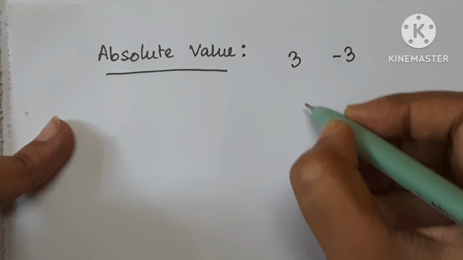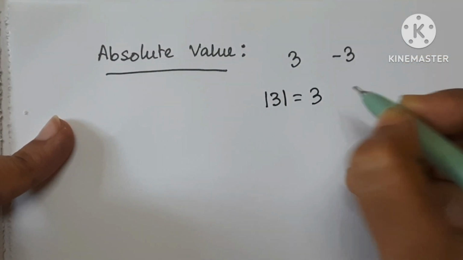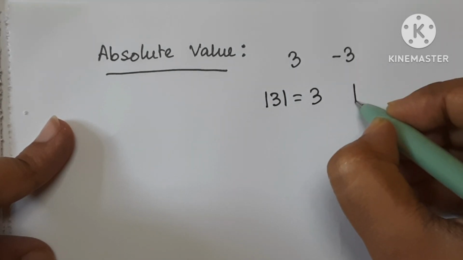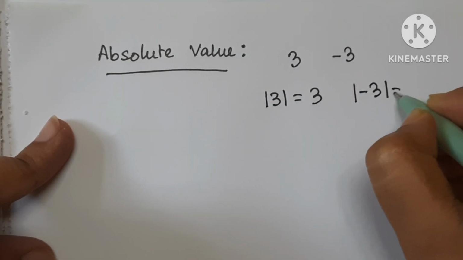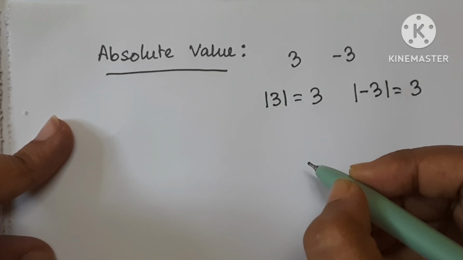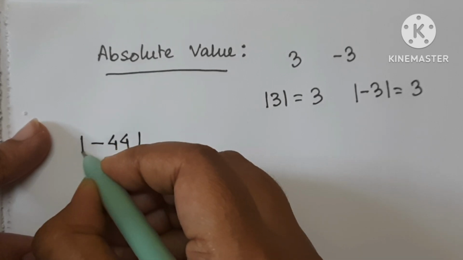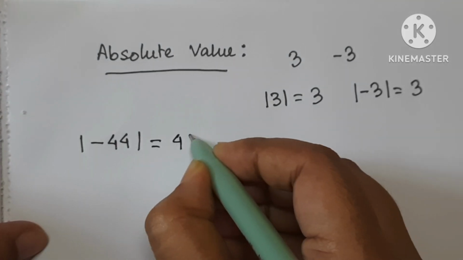Now the absolute value of 3 will be 3, and the absolute value of -3 will also be 3. Understood? So that means if you have -44, that will be 44.